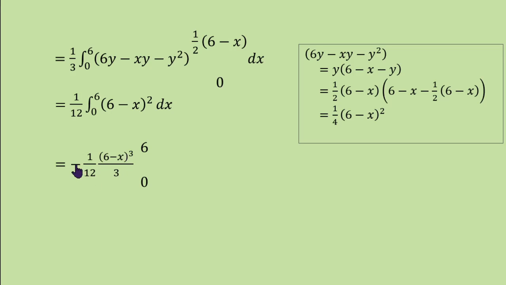So minus minus plus 6 cube by 3, and in the denominator one more 12 is there. 12 into 3 is 36, that means 6 square, so 6 remains. So 0 minus minus 6, therefore it is 6. So the volume of the given solid is 6.